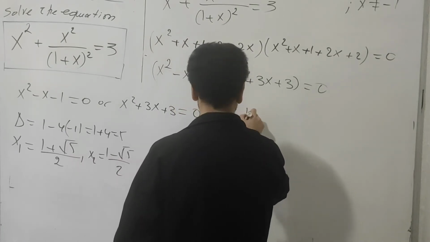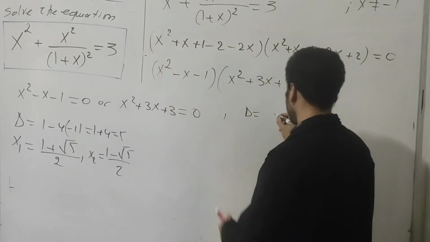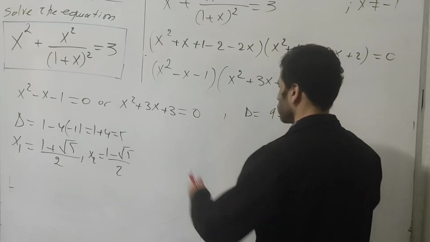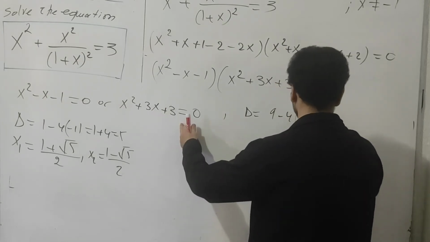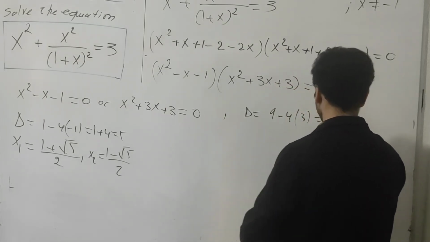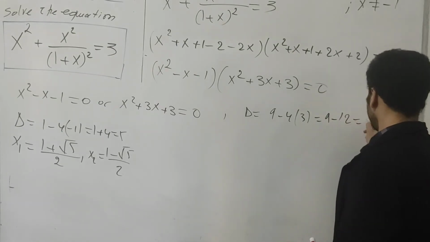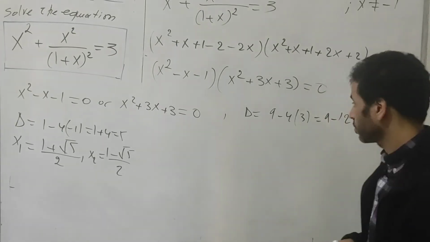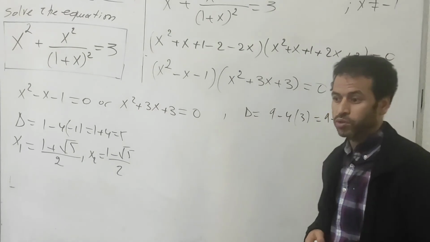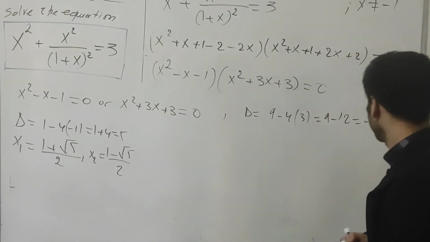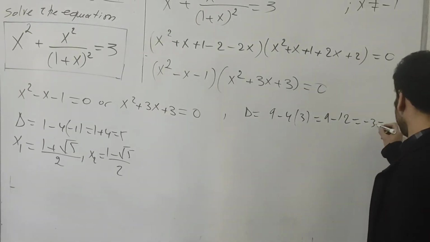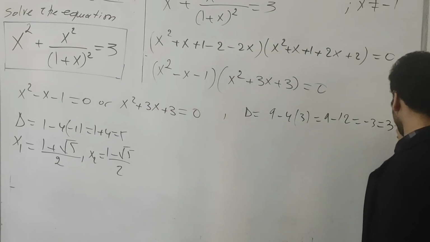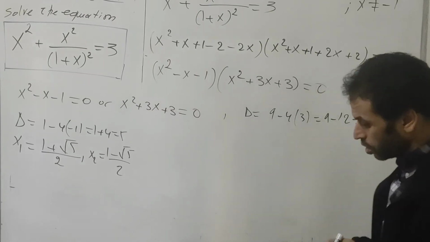So we'll have delta, b squared, which is 9, minus 4 times 3, giving us 9 minus 12, which is minus 3. Okay, I'm going to transfer this one into complex numbers. So this one is giving us minus 3, which is the same as 3 multiplied by i squared, as a complex number.